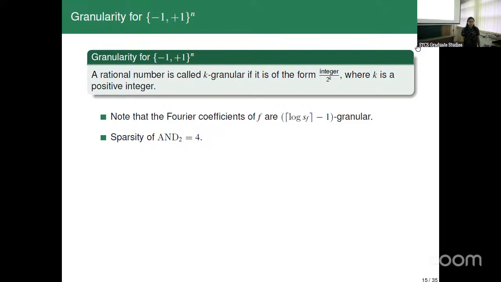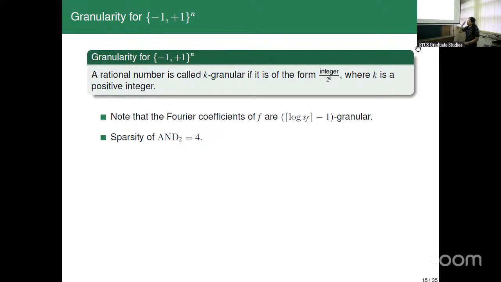Together they imply that. The theorem seems to imply that sparsity has to be a power of 2.